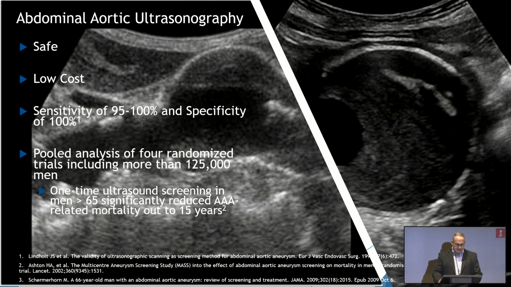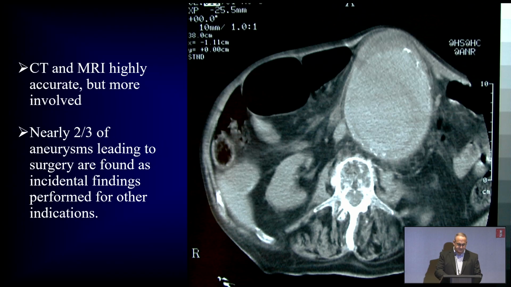We looked at a pooled analysis of 4 different randomized trials that included over 125,000 men. If you do a one-time ultrasound screening in men greater than 65 who have smoked, you can reduce their AAA-related mortality out to about 15 years.